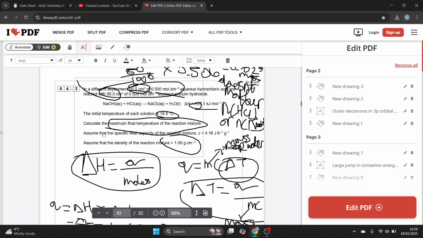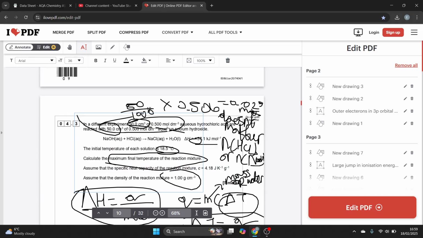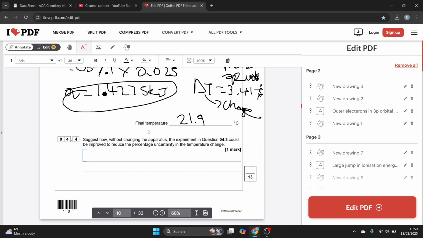But in this case, I'm working with solutions, so you need to really apply it to the question. I'm going to increase the concentration of the solutions. Increase the concentration of the solutions.